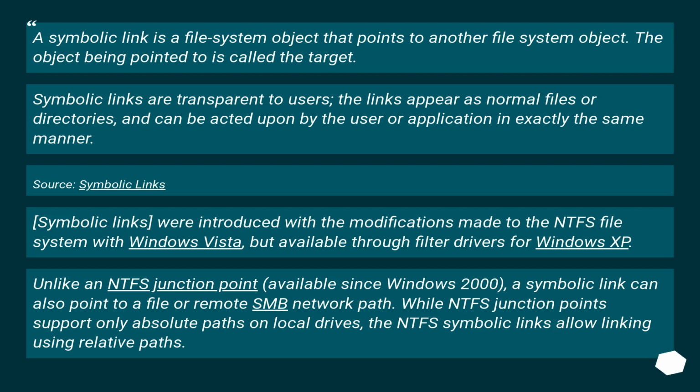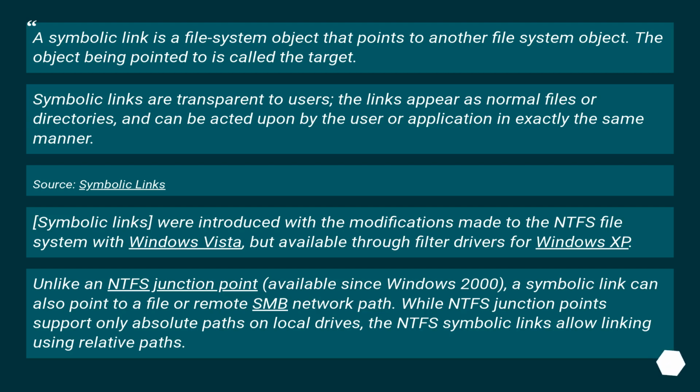Symbolic links were introduced with the modifications made to the NTFS file system with Windows Vista, but available through filter drivers for Windows XP. Unlike an NTFS junction point, available since Windows 2000, a symbolic link can also point to a file or remote SMB network path.